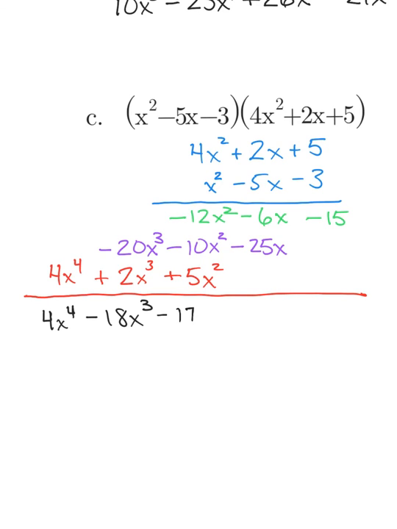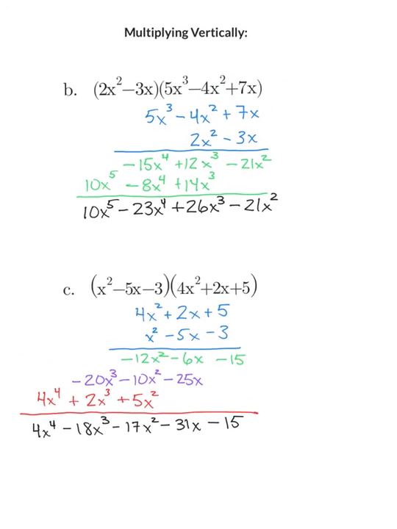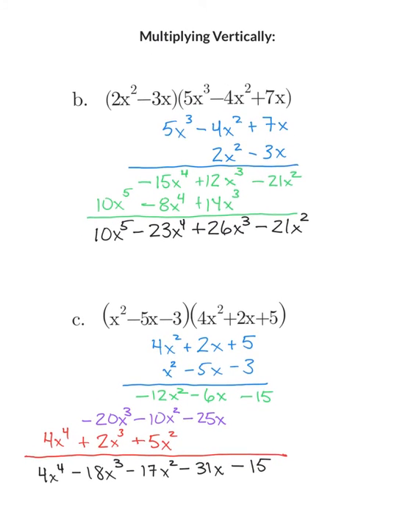So negative 17x squared. Negative 6 and negative 25 give me negative 31x. Same sign, so we add and keep the sign. And then bring down the minus 15. And we're done. So this is multiplying vertically.